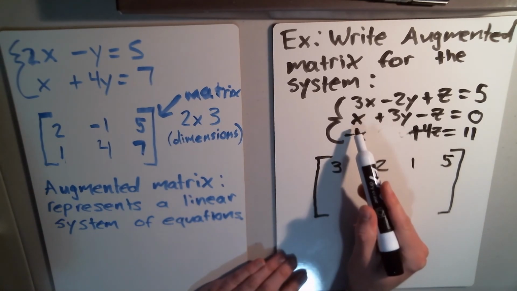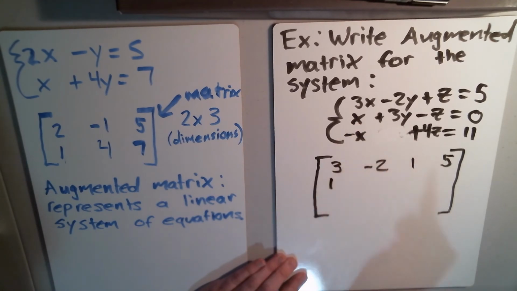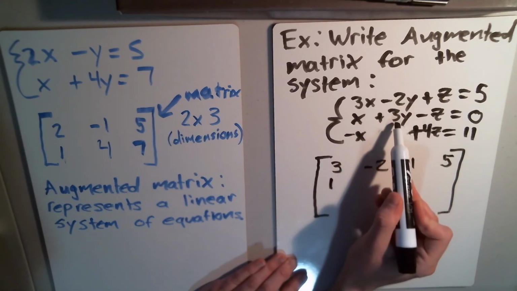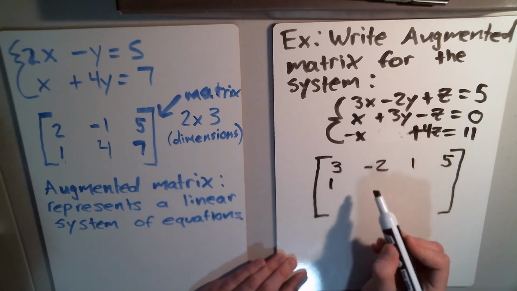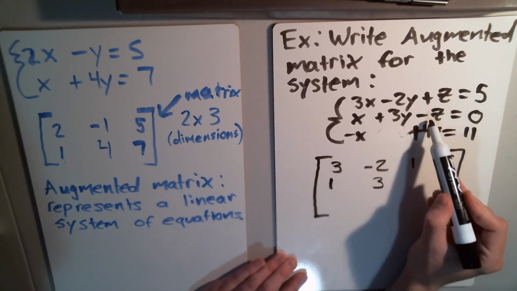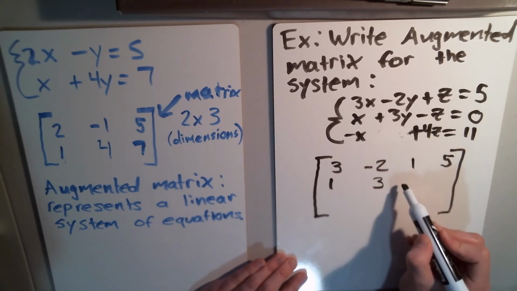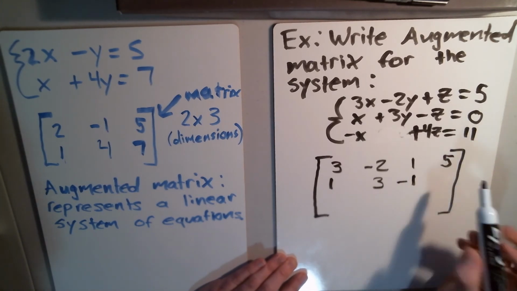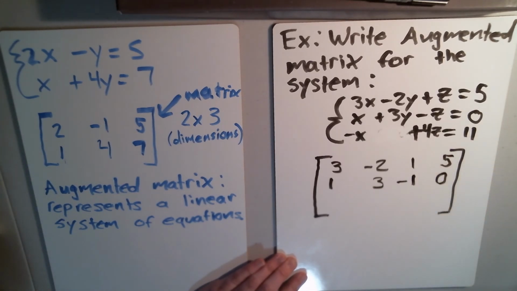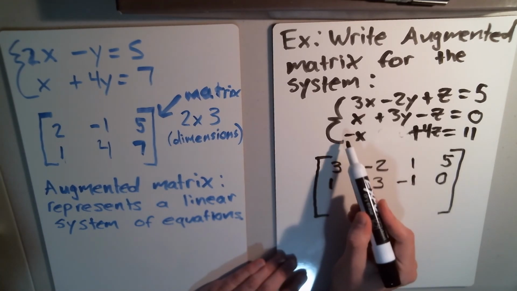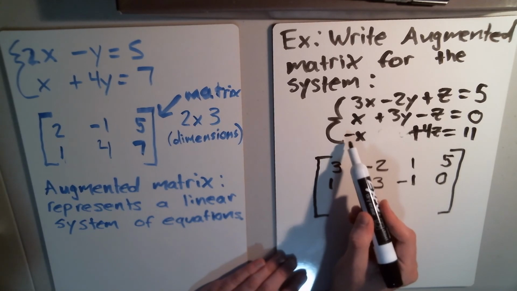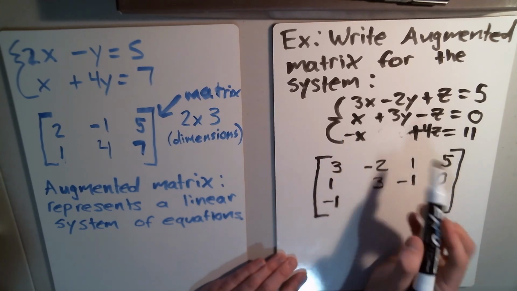Then I've got x, so the coefficient in front of that is 1. Coefficient in front of 3y is 3. Coefficient in front of -z is -1. And then 0. Okay? So I'm just throwing the numbers into the matrix. Now, number in front of x is -1 there.